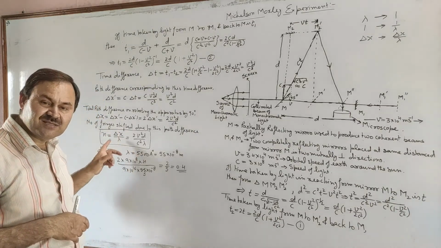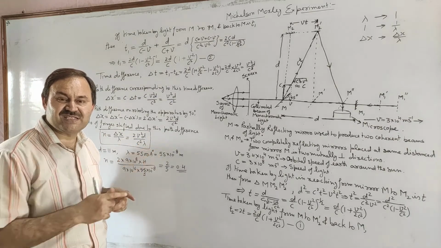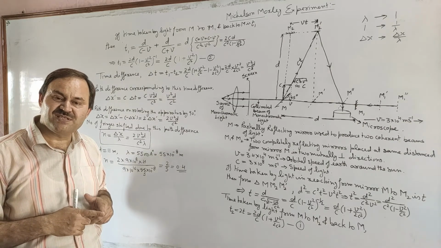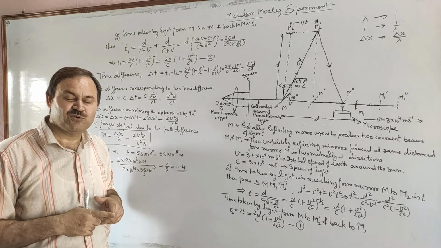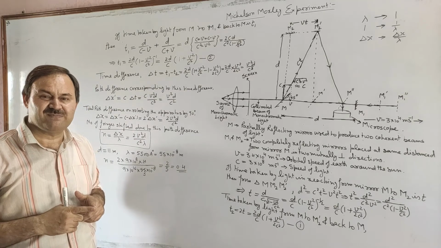As the theoretical result does not agree with the experimental observation, the existence of a medium like ether could not be proved by the Michelson-Morley experiment.